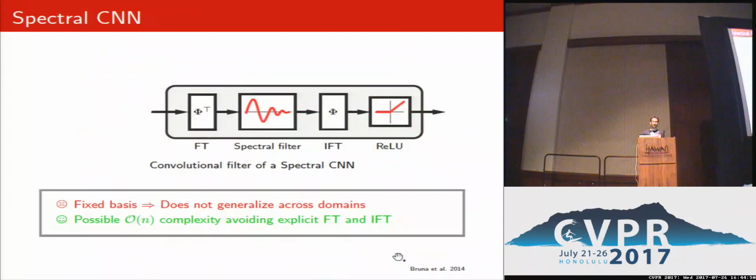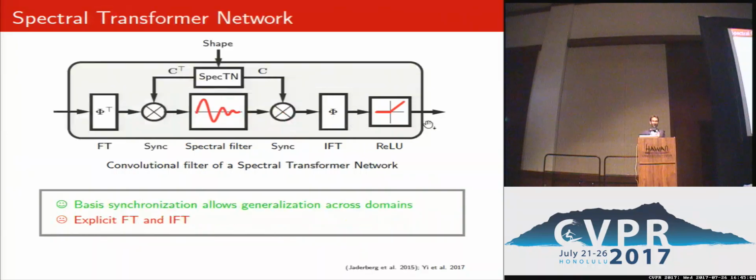So if this was the structure of the spectral convolutional neural network we've seen before, we took a signal, computed its Fourier transform on the manifold, applied the spectral filter, and computed the inverse Fourier transform, maybe followed by a nonlinearity. Here we introduce the spectral transformer module that modifies the basis, like in classical spatial transformer networks introduced by the group of Zisserman.